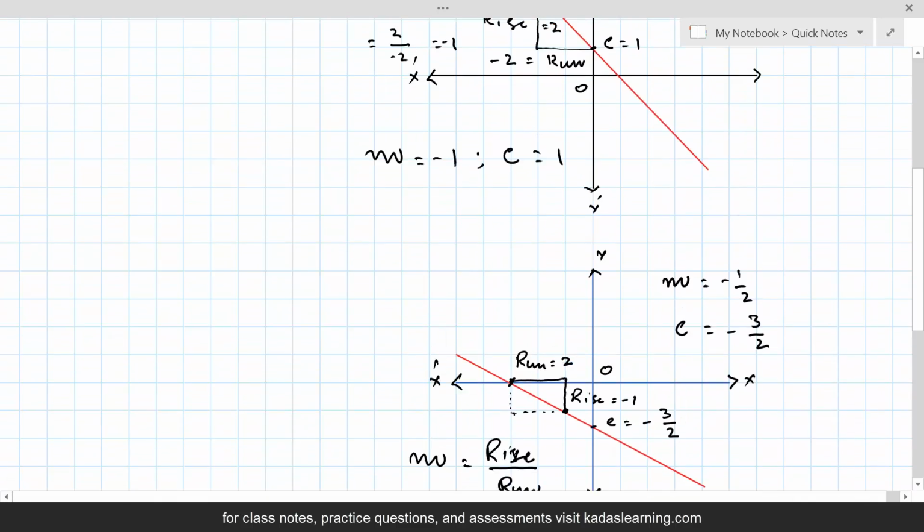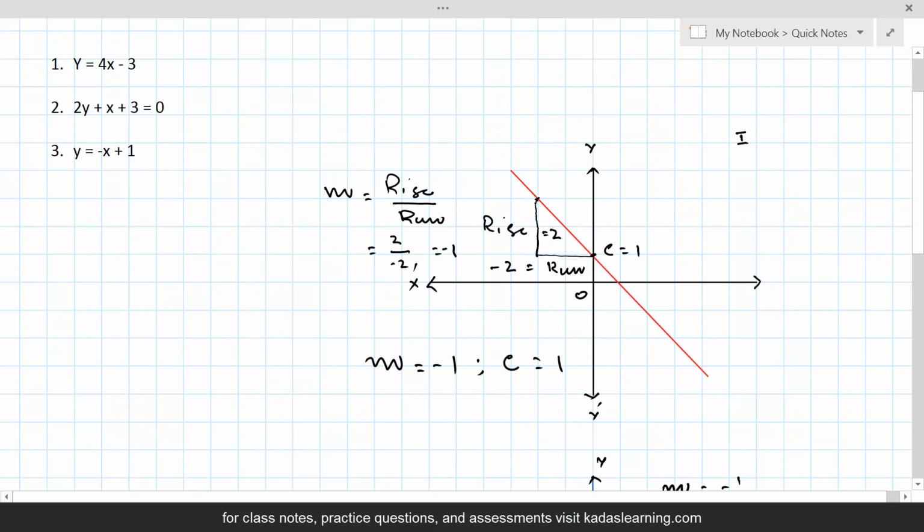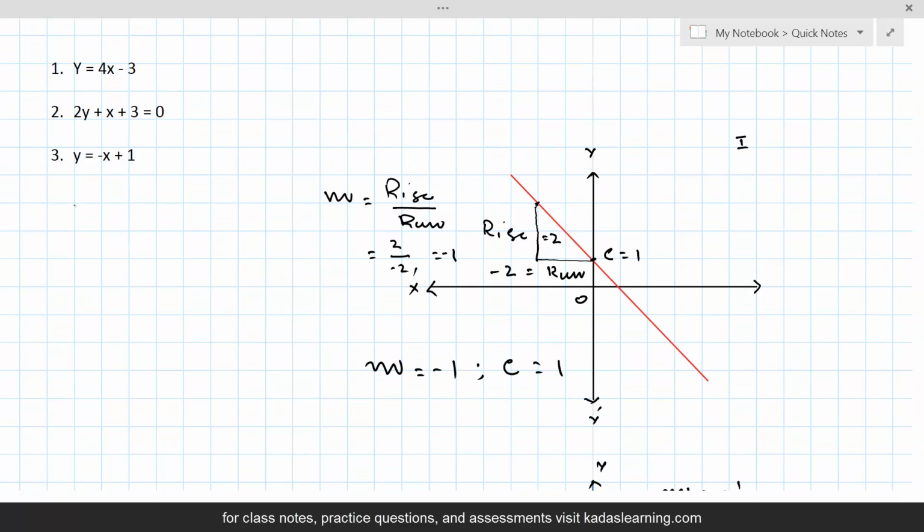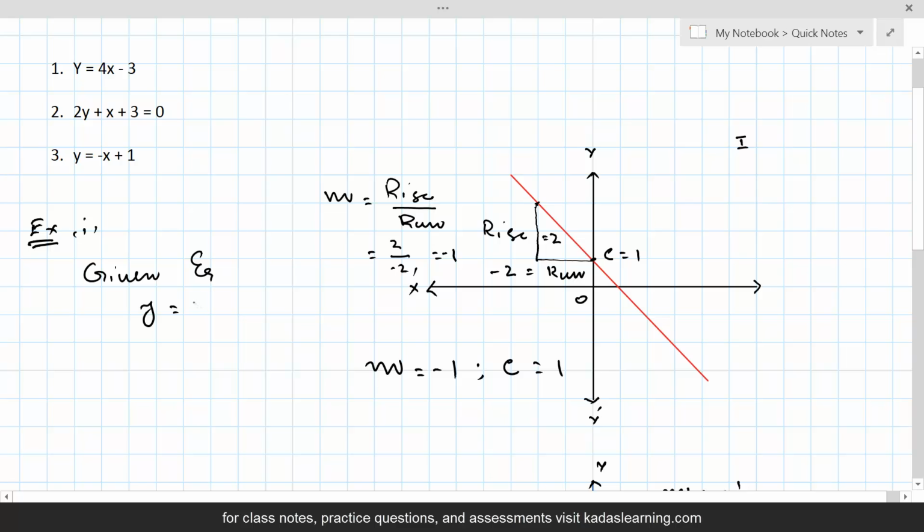And now let's take a look at the equations. The first equation, example 1, given equation is y equal to 4x minus 3.